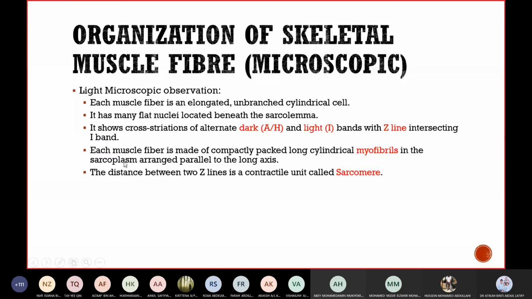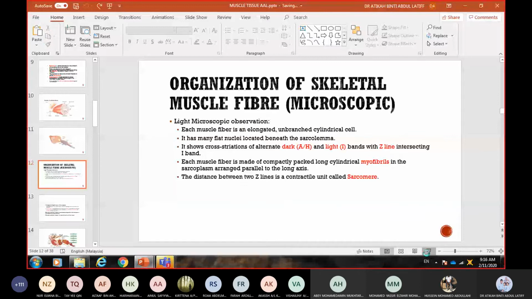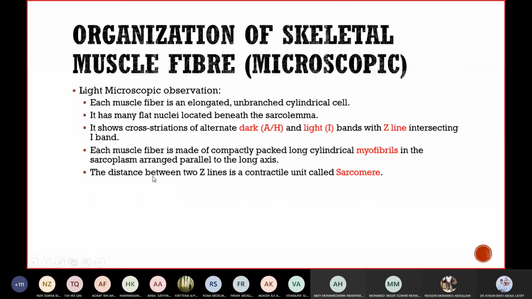This we will show you in a bit, why we have these dark and light bands made from the myofibrils. And the distance between two Z lines here is called the sarcomere. So this is the contractile unit, or the part that contracts in the muscle fiber.